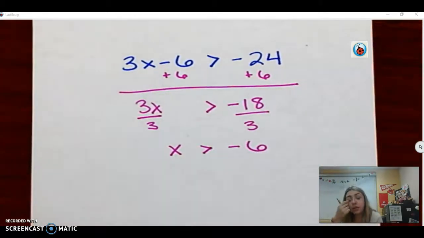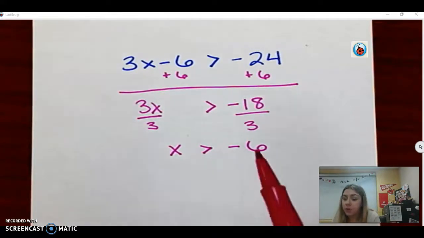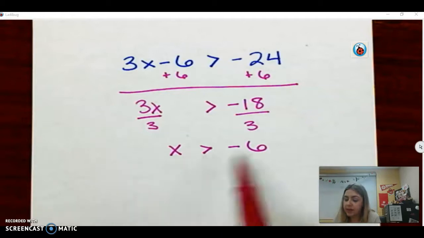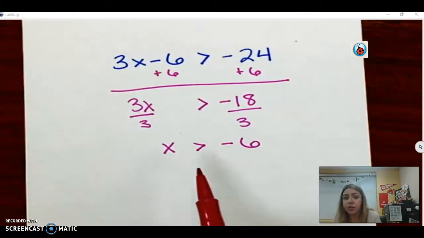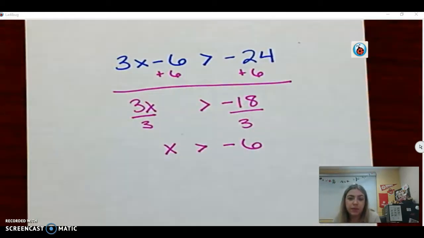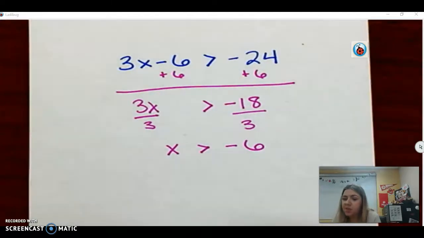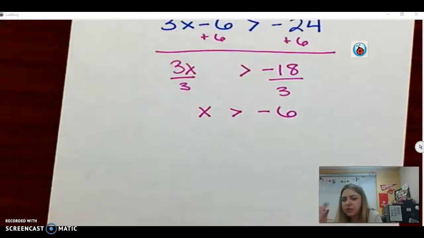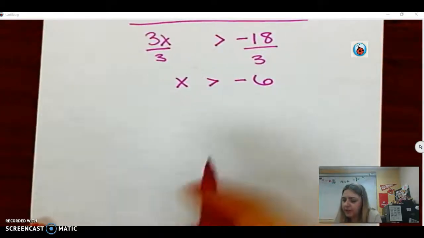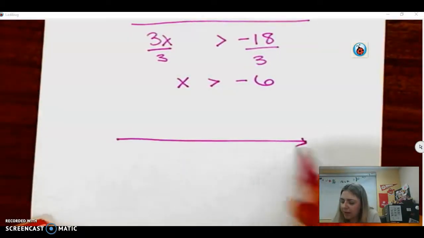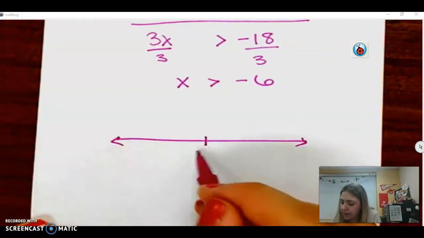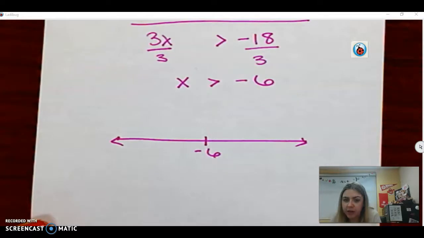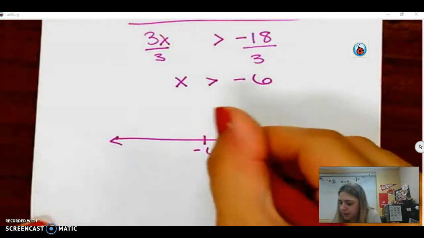Okay, so on your Delta Math assignment, you will have to figure this out. You'll have to solve an inequality and type in x is greater than or less than whatever value. But then you also have to graph it on the number line. So just to plan it out in our heads here, if I have a number line with negative 6, x is greater than negative 6.